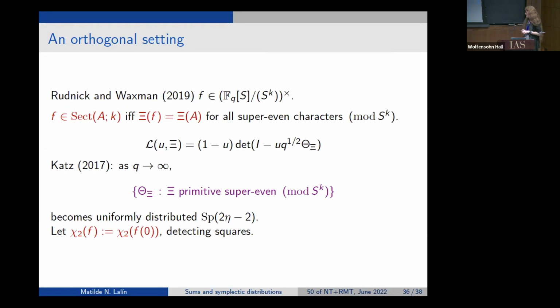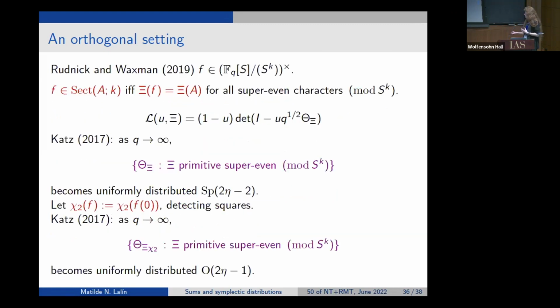If we take chi2 of f to be chi2 of f0, it gives 1 if f of 0 is a square and minus 1 if not, when f of 0 is different from 0. Then the result is that if we consider the twisting by chi2, not the super even character, this becomes uniformly distributed over the orthogonal matrices.